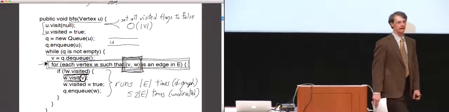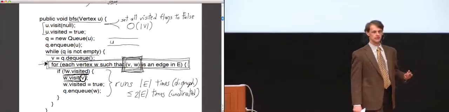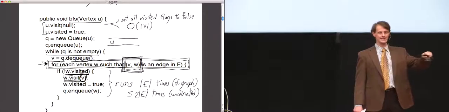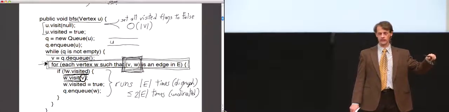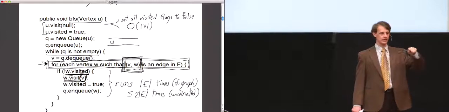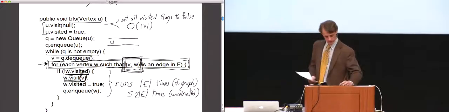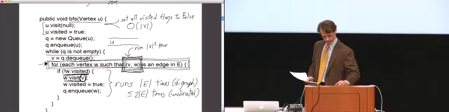And the only way to find all of the edges is to actually, for a vertex V, walk through its entire row of the adjacency matrix and check every entry to see which ones are neighbors and which ones are not. So this actually is going to run V squared times total if you are using an adjacency matrix.